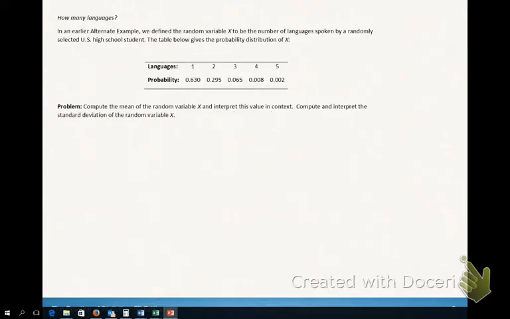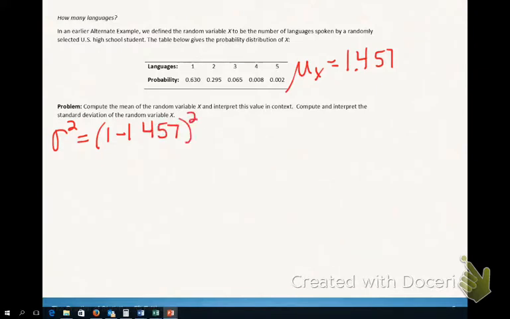Now, to find the variance, remember our mean or expected value was 1.457. So we take each value, 1 minus the mean, squared, times the probability.